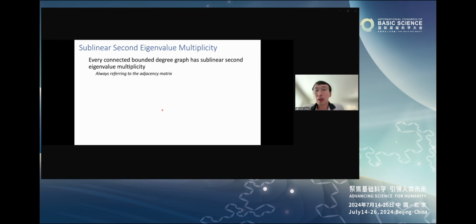A key result that plays a key role in our work is a new theorem in spectral graph theory on sublinear second eigenvalue multiplicity. So it says that every connected bounded degree graph has sublinear second eigenvalue multiplicity. And here we're always referring to the adjacency matrix of a graph.